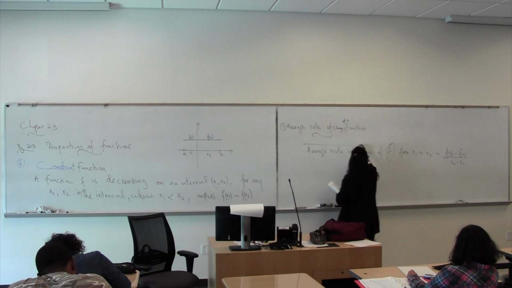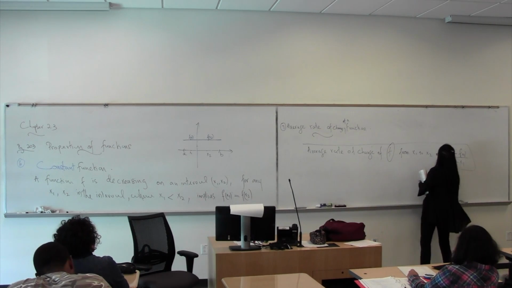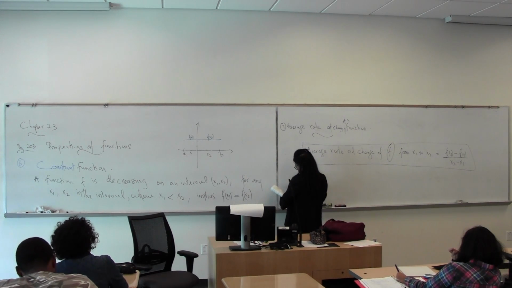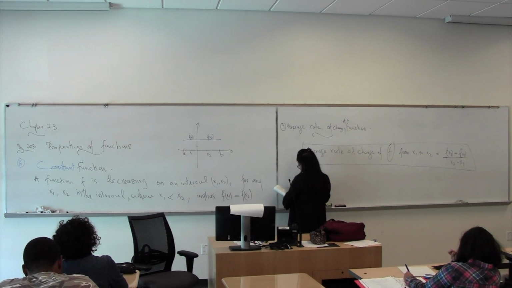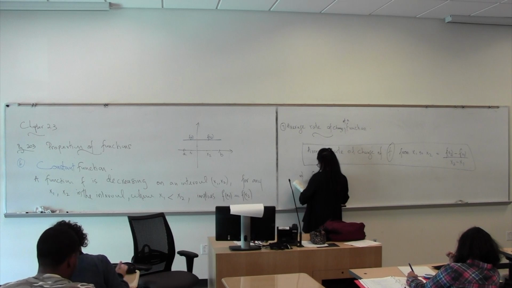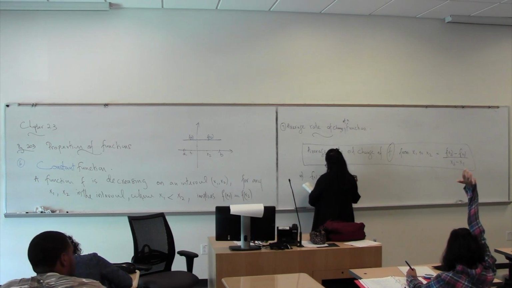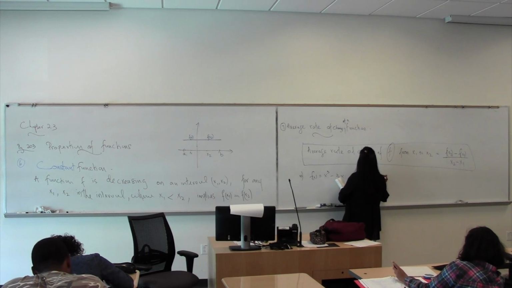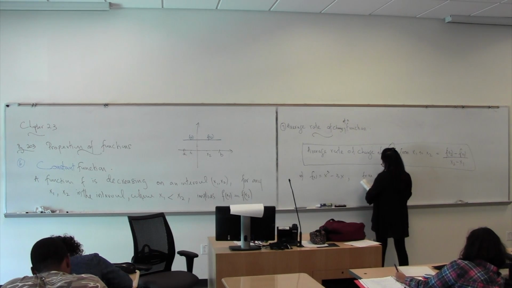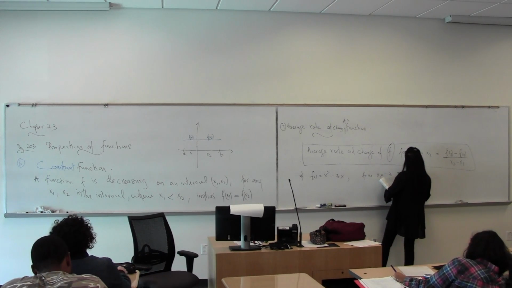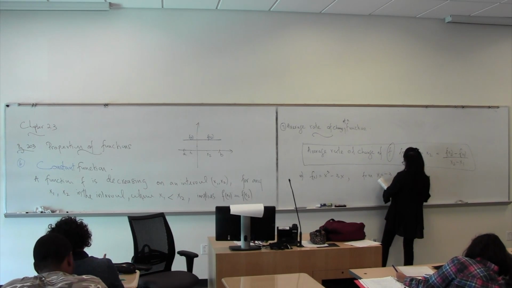So this is the example. Find the average rate of change. f of x is equal to x to the 3 minus 3x. So let's do this example from x1 equal to negative 3 to x2 equal to positive 2.